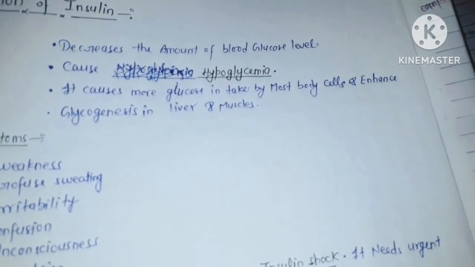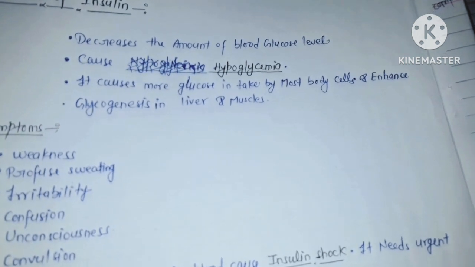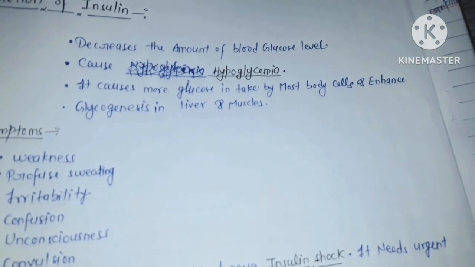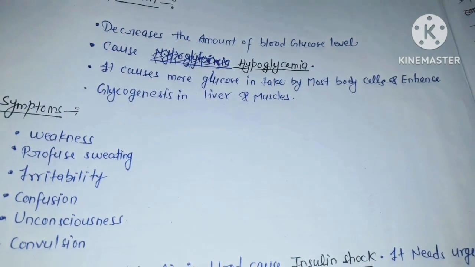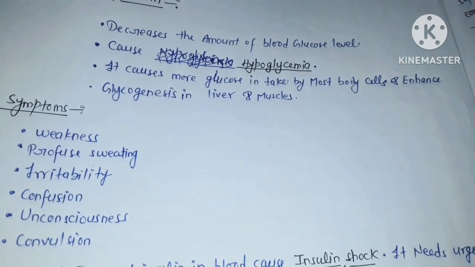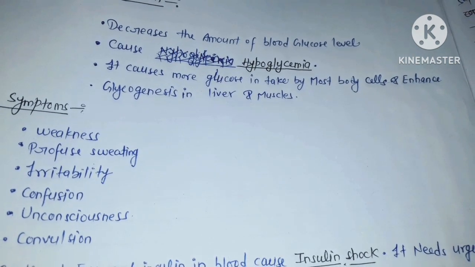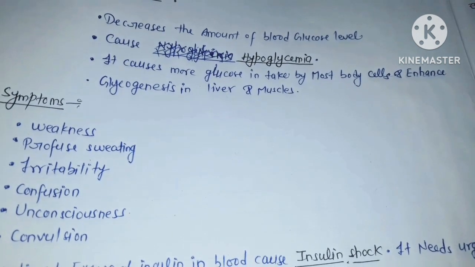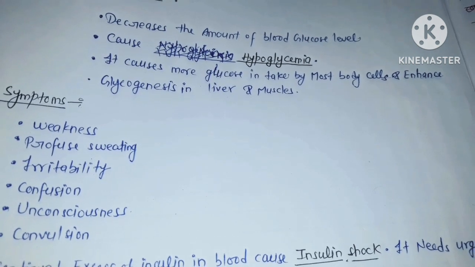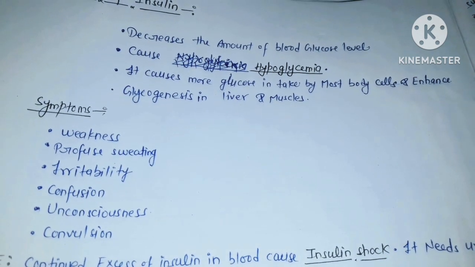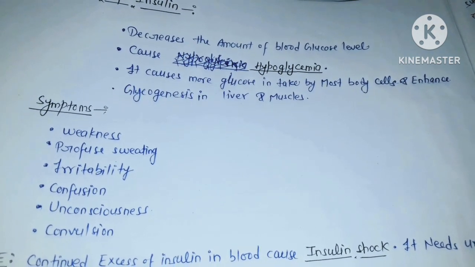Glycogenesis is a process in which glucose is transformed into fructose and sucrose. The glycogenesis process occurs in the liver and muscles.